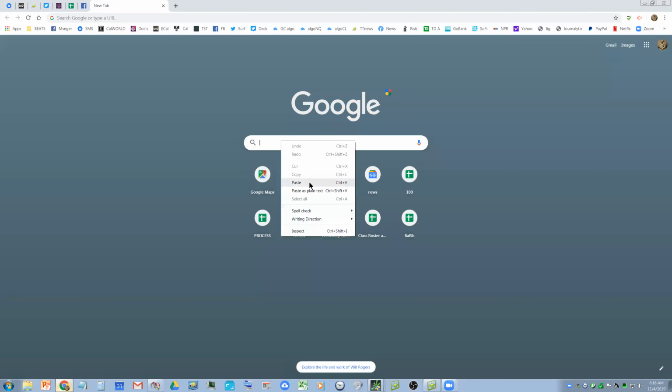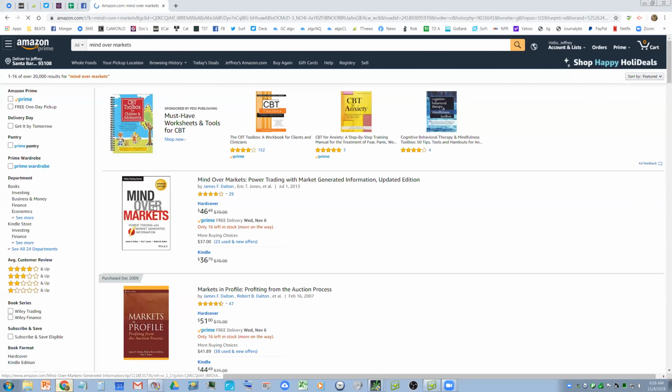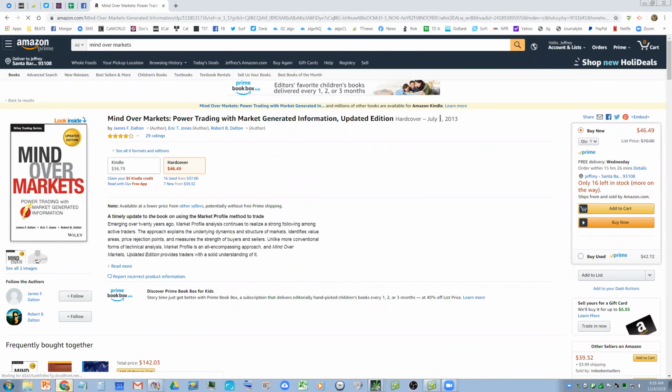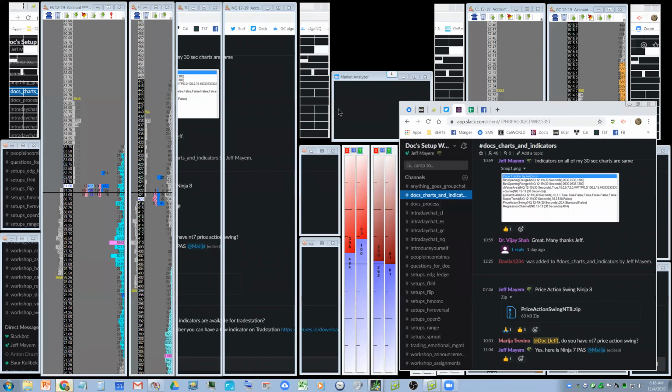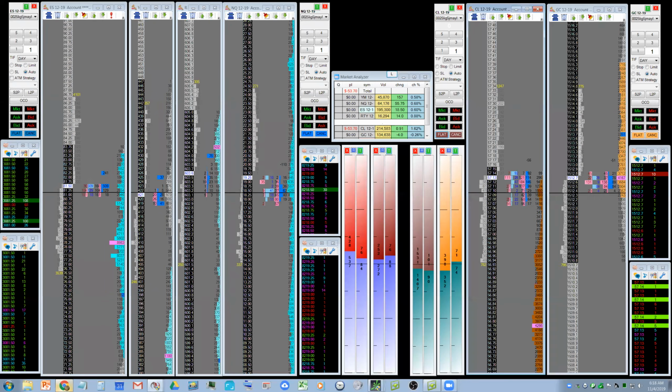I believe it was written in around 2000, the first edition. The most recent one is 2013. The first edition, if I'm not mistaken, was actually around 2001. So yes, of course, that's an antique.